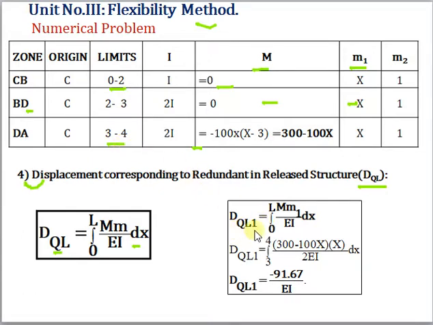So DQL1 is equal to the integral from 3 to 4 of (300 minus 100x) into x divided by 2EI, as the moment of inertia is 2I, into dx. So we have DQL1 equal to minus 91.67 over EI.